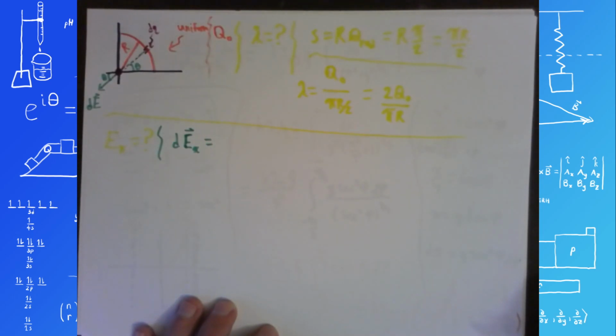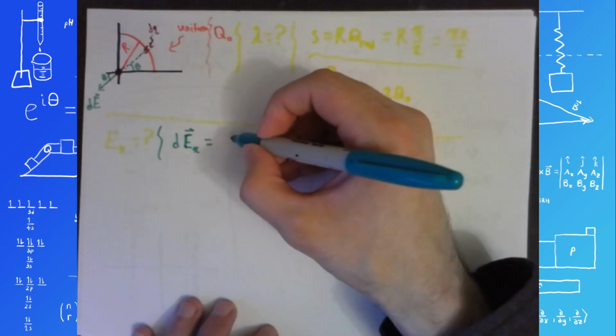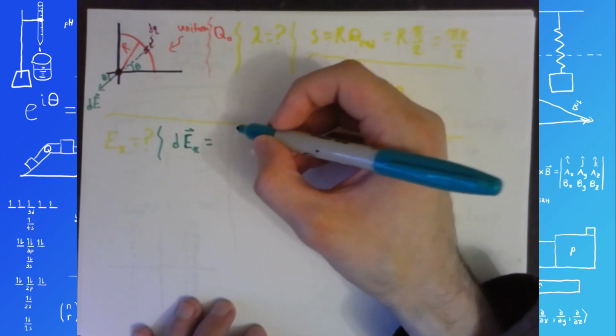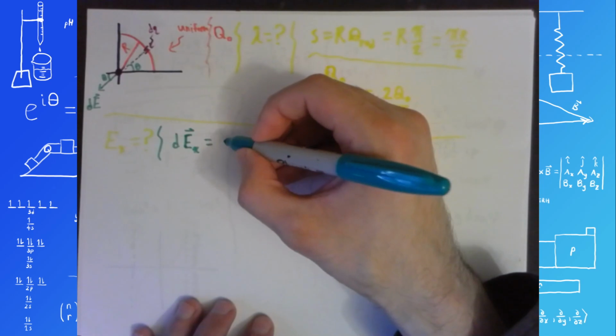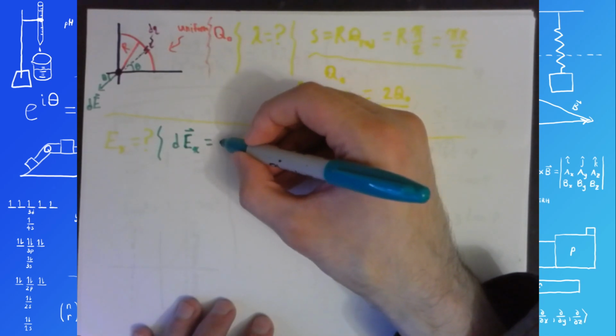So for the direction, it looks like we're going to have the negative x hat, or negative i hat, I suppose, if that's what you prefer.